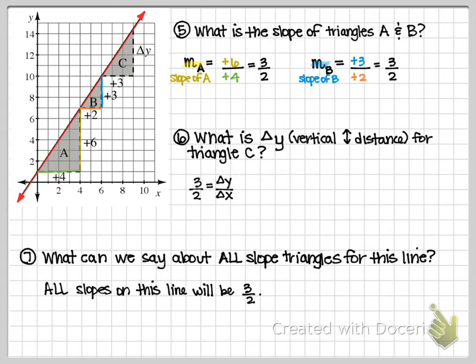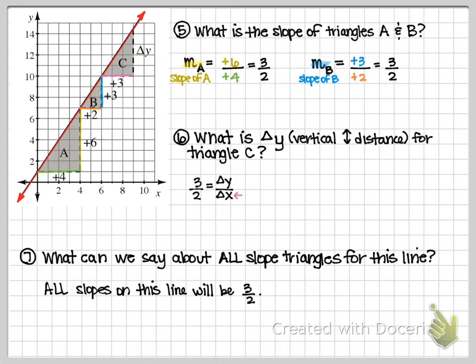Okay, well, let's go up to triangle C. If I go to triangle C, I know that the x is going to be +3.